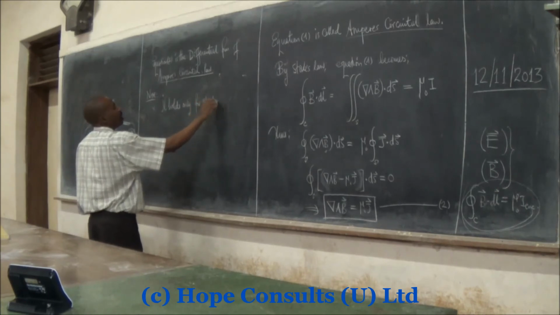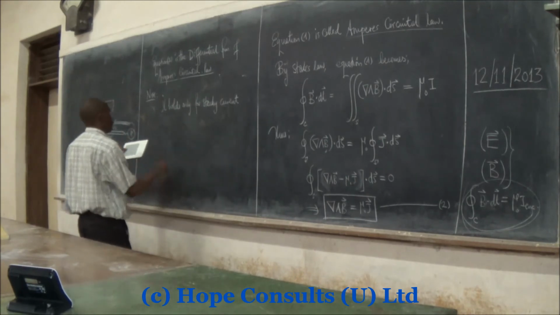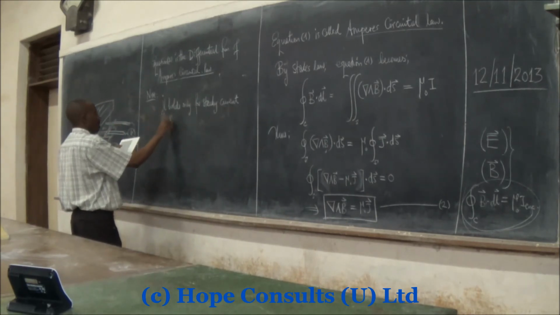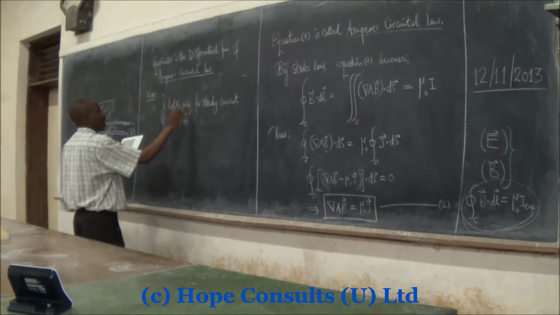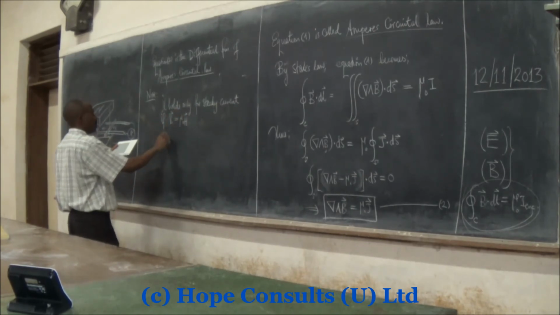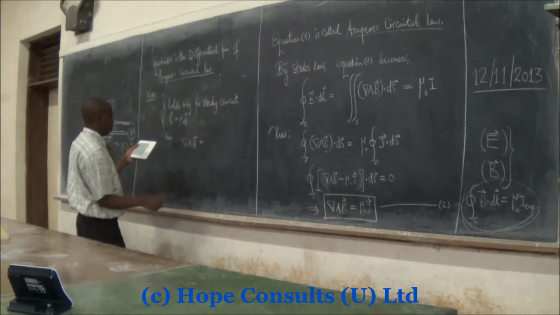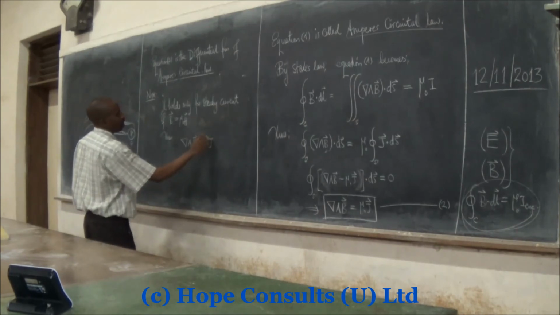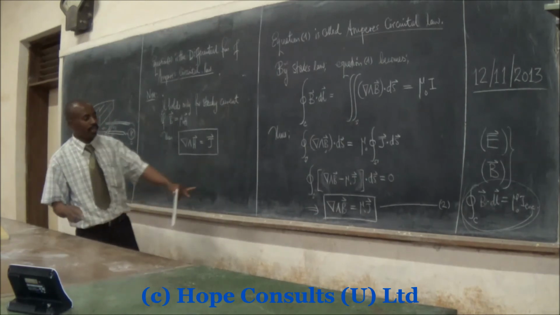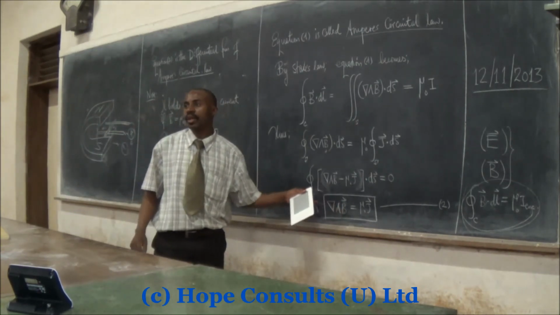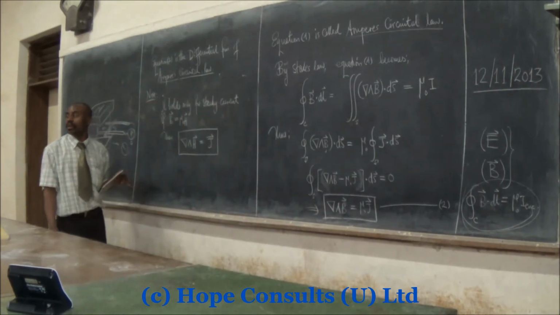If B is equal to mu naught H, then we will say that our curl of H is equal to J, because if B is equal to mu naught H, mu naught goes out, cancels with the other mu naught on the other side, and we get curl of H equals J.